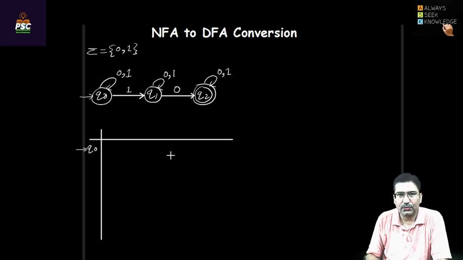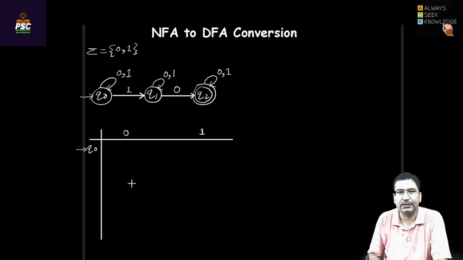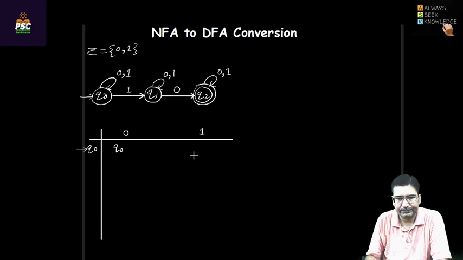Q0 is the initial state, and we consider all the symbols given in the alphabet, only 0 and 1. On Q0, when 0 is coming, it leads only to Q0, but for input 1, Q0 leads to two different states, Q0 as well as Q1.